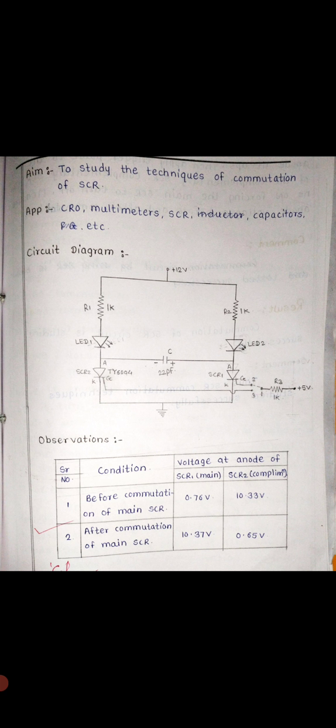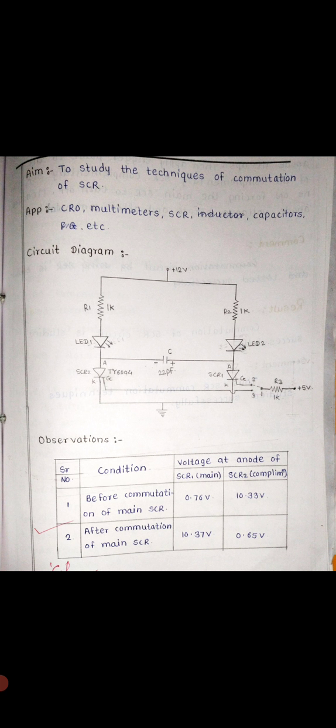For the observation, we calculate the voltage at the anode of SCR1 and SCR2. Here SCR1 is the main SCR and SCR2 is the complement SCR.